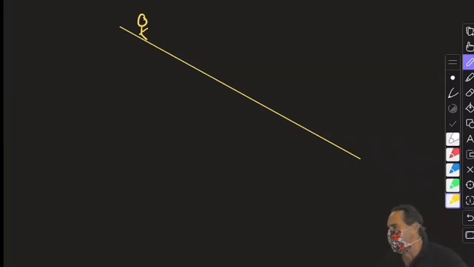We're supposed to figure out how fast they're going at the bottom, right? And you guys choose. Do you want me to do this as a conservation of energy problem, or do you want me to do this as a work energy problem? Work energy. All right, so there's going to be work done by gravity, right? Then there's going to be work done by friction.